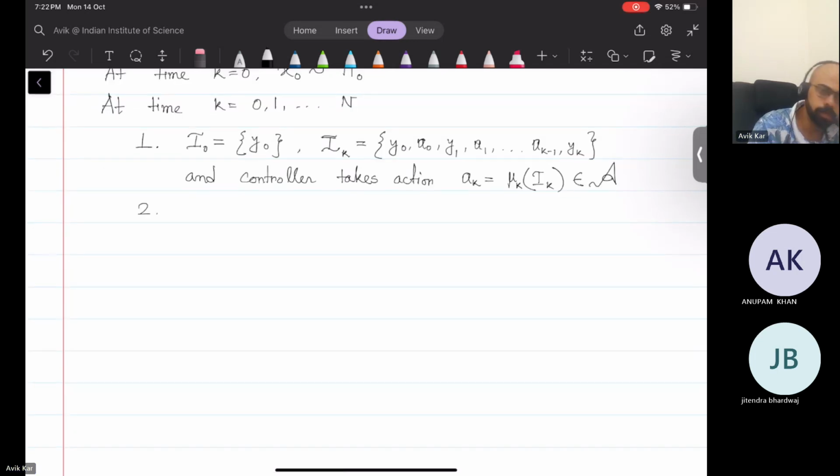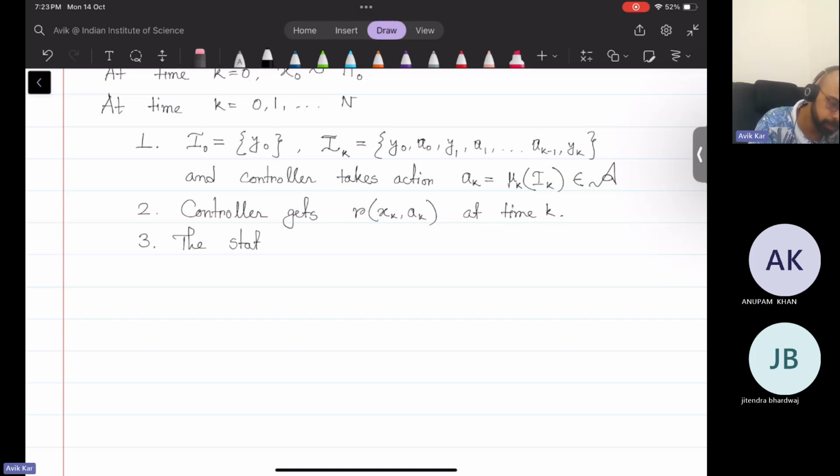Next, the decision maker incurs a reward, gets R of (xk, ak) at time k. Then the state evolves.